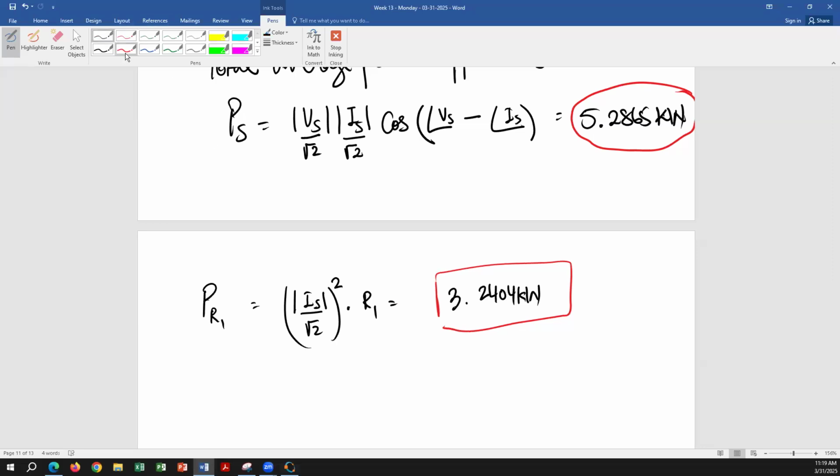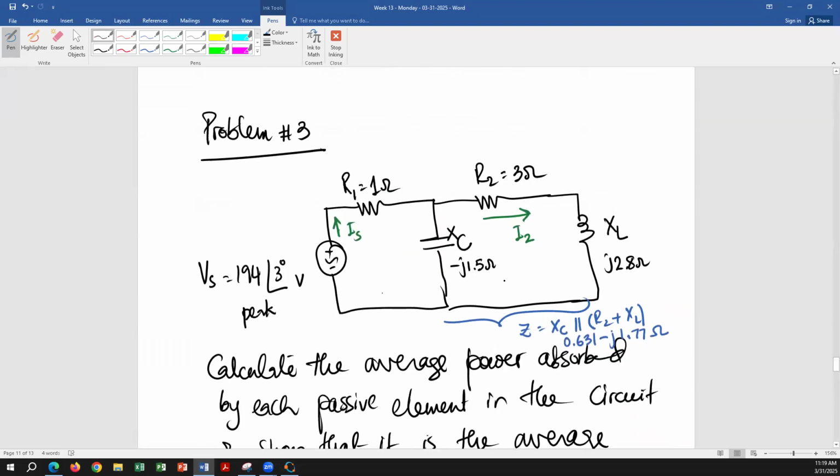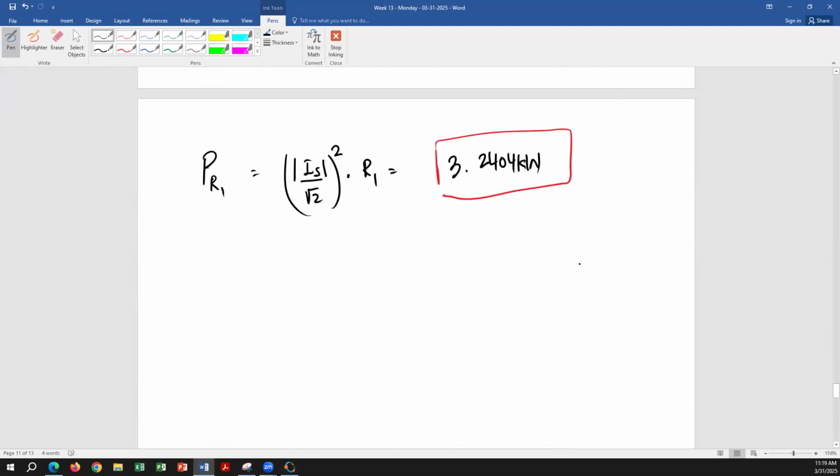And for PR2, we need to calculate the value of the current passing through here, I2, and for that we can use current division.